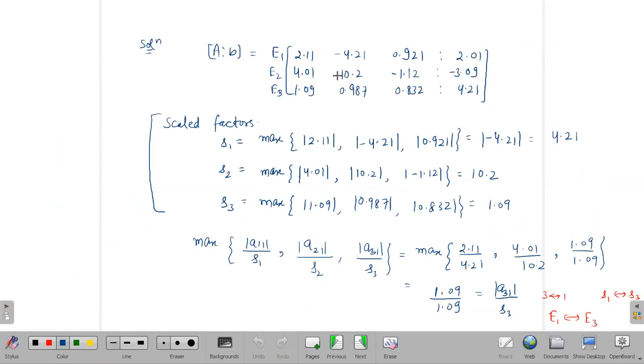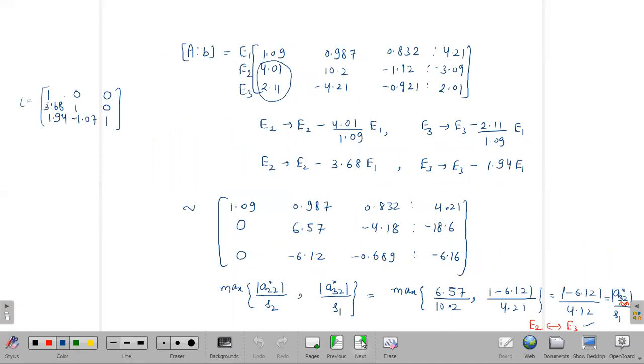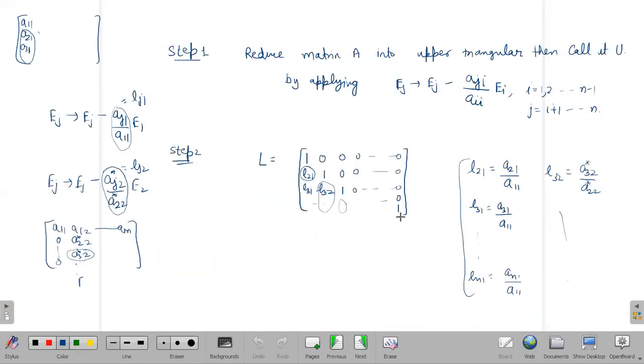So according to that you have to decide. Firstly you will get it, but after the row interchanging you will not get the same number that is given in the given matrix. Yes, that diagonal element you have to put as one only.